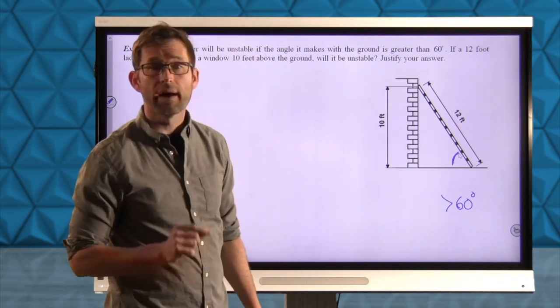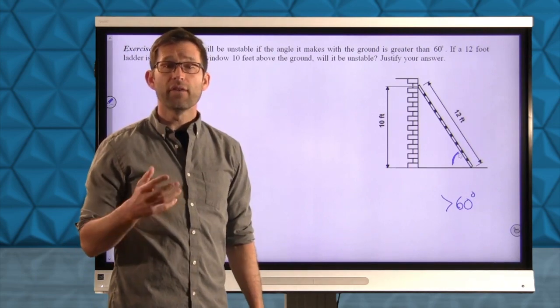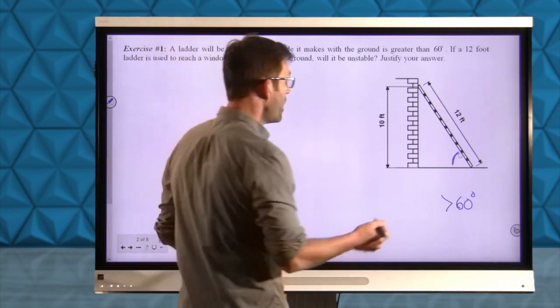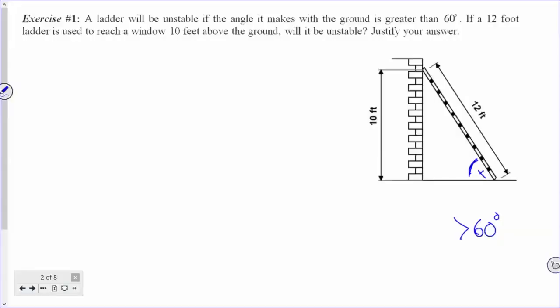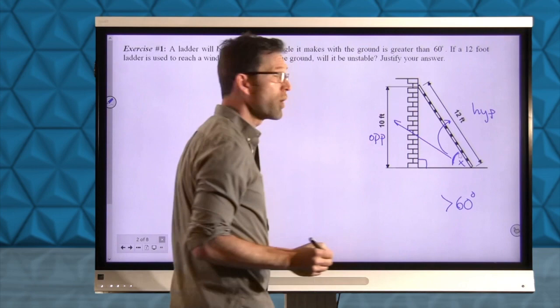I'll just call it angle X. The right triangle I'm dealing with is this one, and I know this side, which is the side opposite the angle, and this side, which is the hypotenuse of the right triangle.